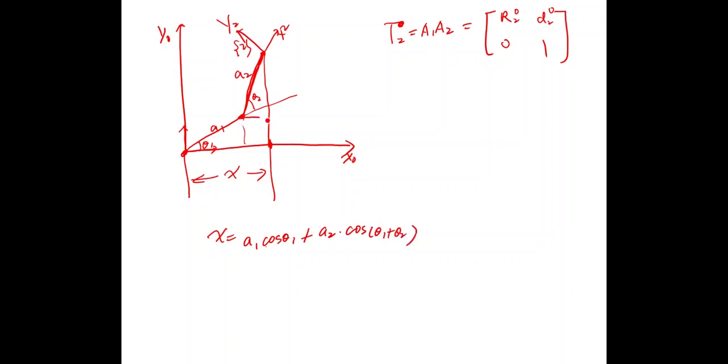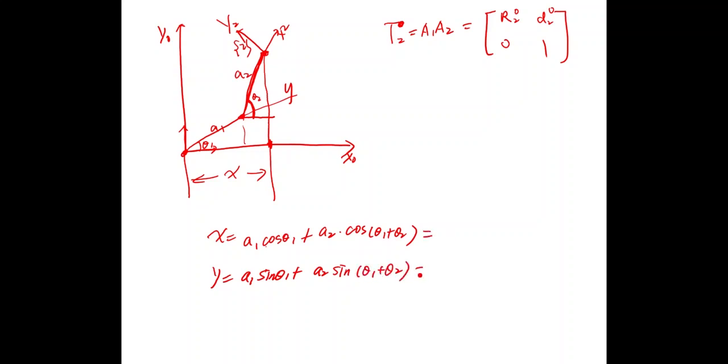And if we define this distance as y, then y equals A1 times sine theta 1 plus A2 times sine of theta 1 plus theta 2, okay?